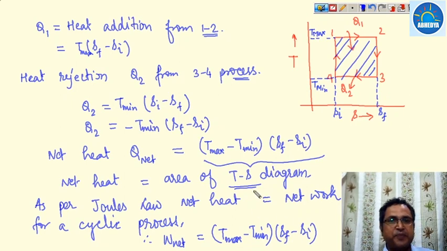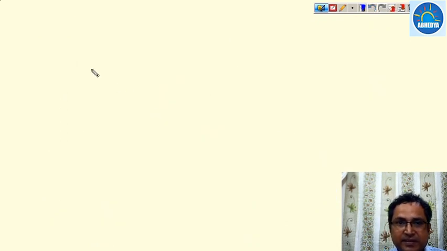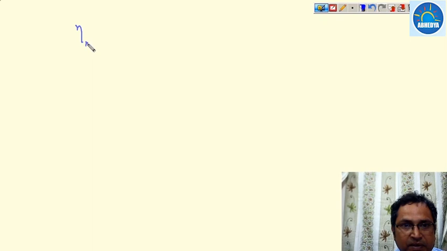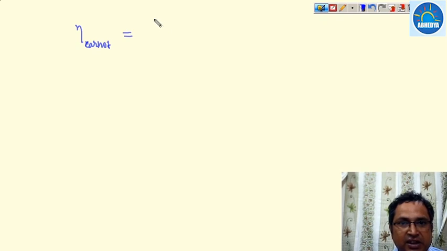So if we see the efficiency of Carnot, that is nothing but W net divided by heat input.